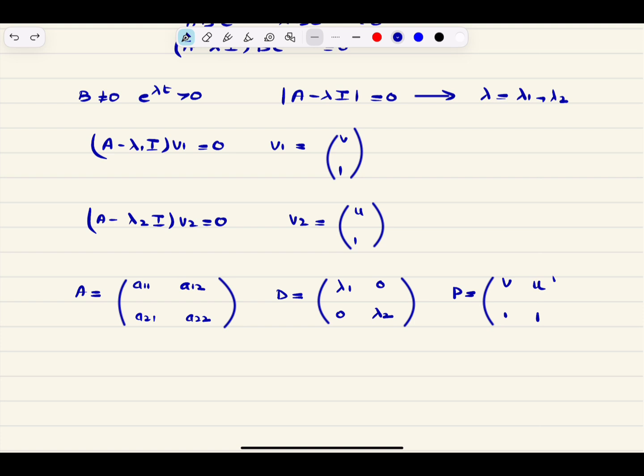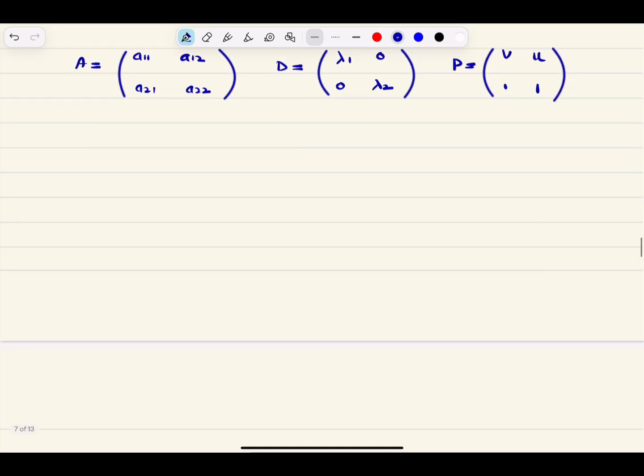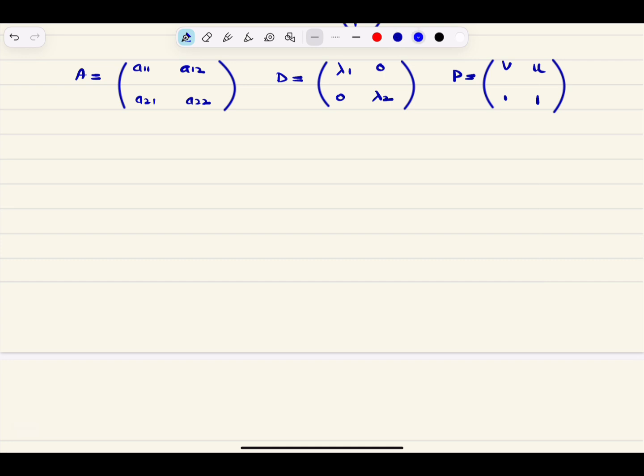So the same logic carries forward to this. We're going to do a change of variable. I'm going to assume that x is equal to Pz.